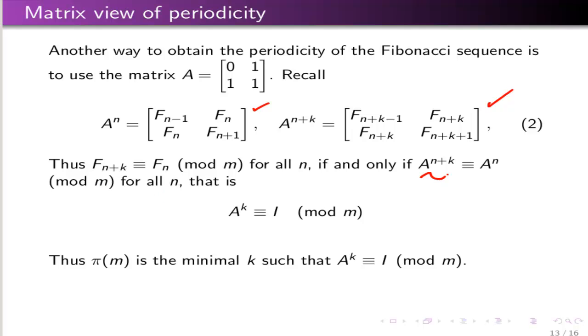And this equation, since A is an invertible matrix, we just cancel out the A to the n power, and we get A to the k is the identity. So, determining the period of a Fibonacci sequence mod m is equivalent to determining the order of this matrix. What's the minimal value of k such that A to the k is the identity?